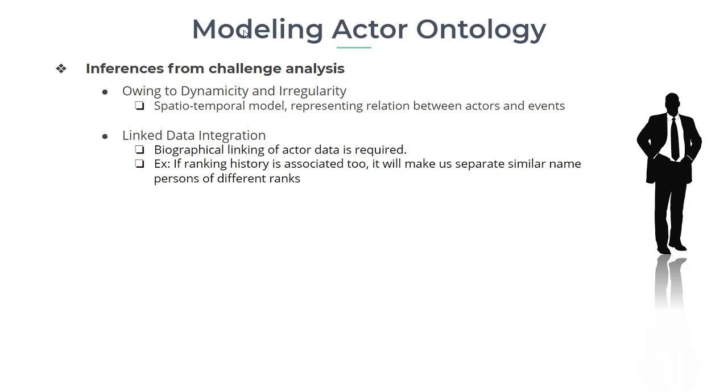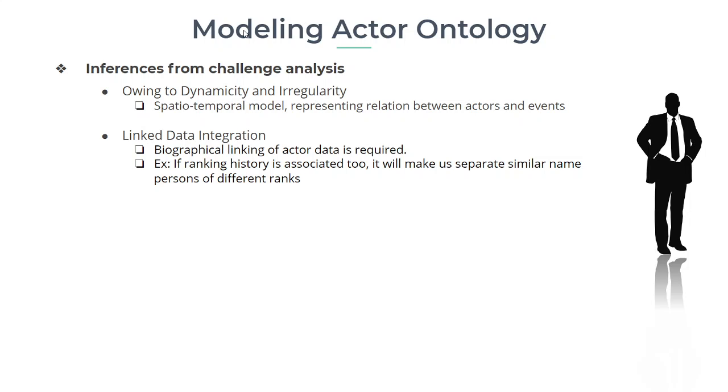The war is dynamic and irregular, and we can see that a spatio-temporal model, a model which describes events related to a certain place and certain time, can be used to link actors with the events, which makes a really efficient ontology.